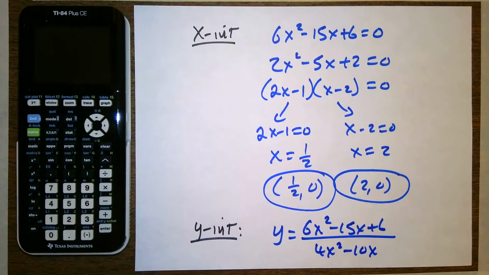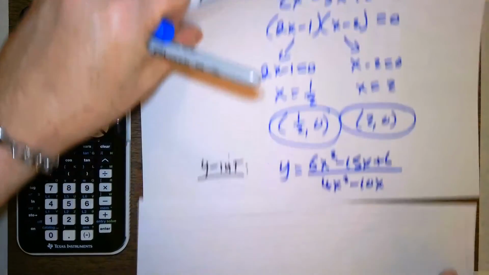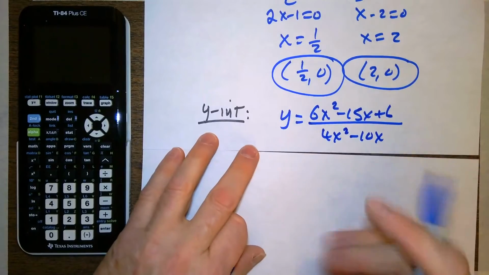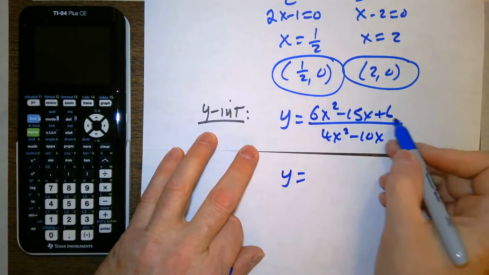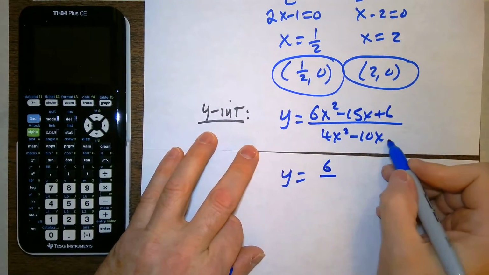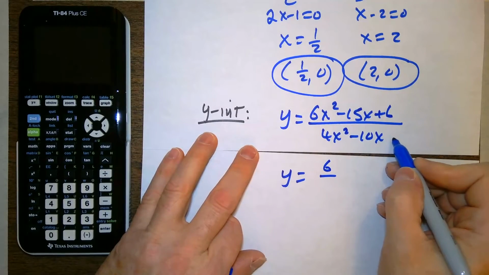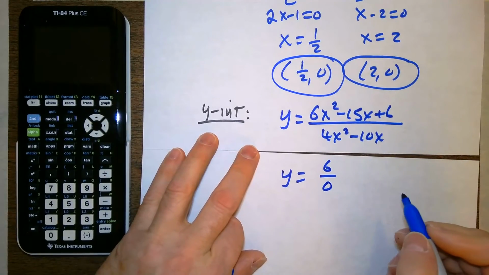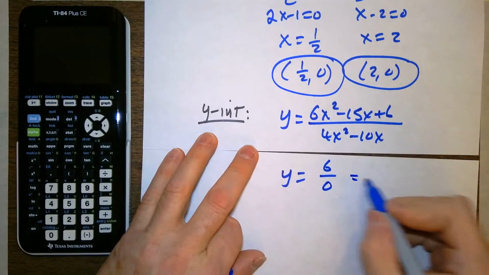Now, if I take the constant over the constant, I'm going to get y equals, the constant in the top is a 6, the constant in the bottom is a 0. Well, what does this mean? This is undefined.